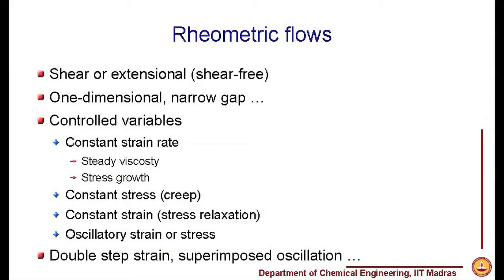In case of oscillatory strain or stress, we will define a complex modulus or a complex viscosity, which implies that we will have in-phase and out-of-phase components of these moduli and viscosities, and we therefore choose to call this a dynamic modulus or dynamic viscosity, and we will have the real and imaginary or storage and dissipative parts of these material functions.